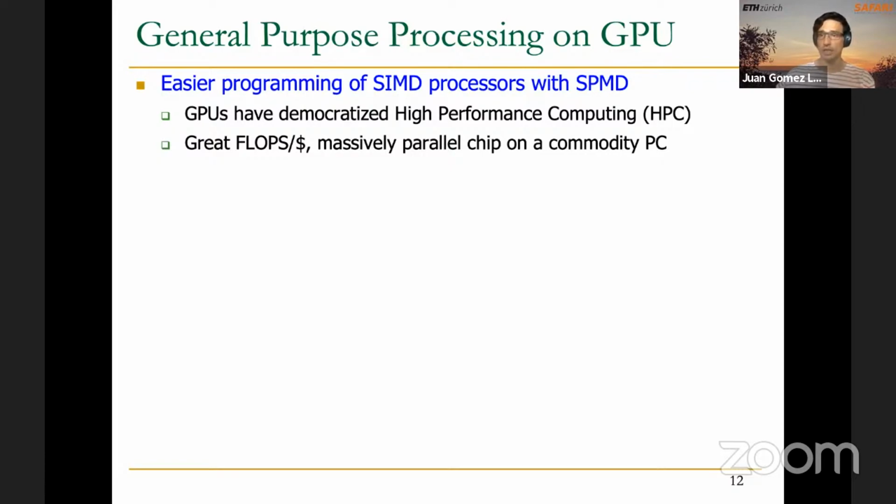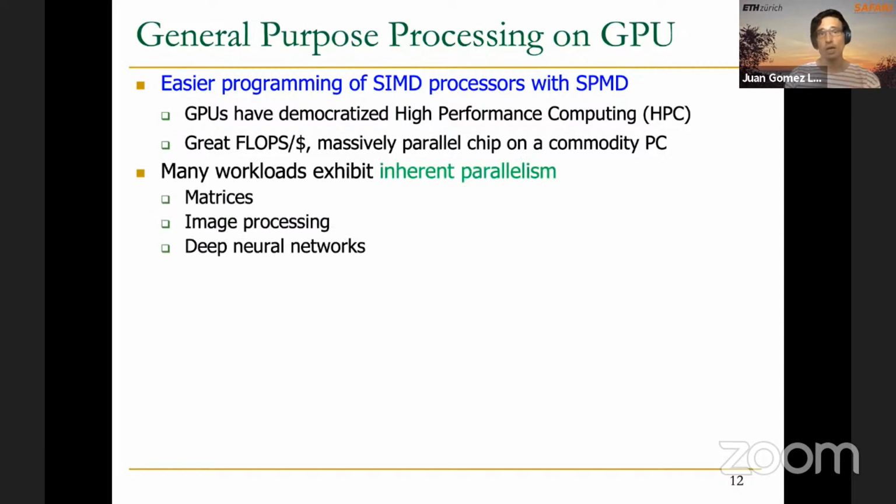A few years later, they started to be used for machine learning and artificial intelligence, and today they are definitely the most used accelerator. The good thing about GPUs is that they provide a huge amount of parallelism and processing elements that can be used by many workloads, because there are many workloads that exhibit inherent data parallelism.